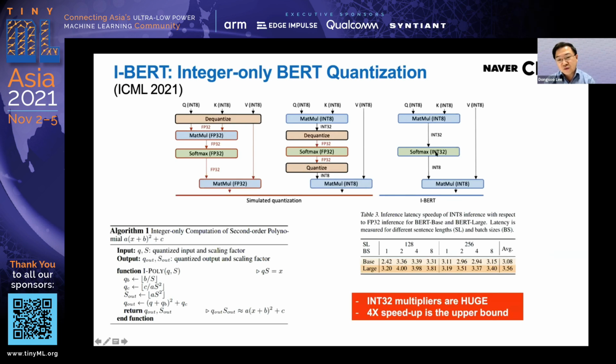On the right side, some researchers suggested an integer-based softmax computation method to allow end-to-end integer operations. But even in this work, we have two problems. First, such integer-based softmax needs int32 multipliers that are actually very big, almost similar to a 32-bit floating point multiplier. Second, 4x memory reduction and speedup would be the upper bound.